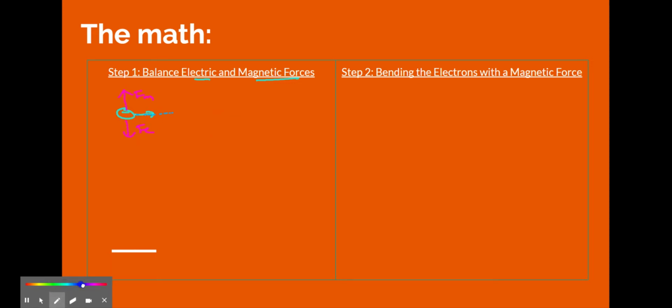So once he saw that, he knew he had those forces balanced. So now he can say mathematically that the magnetic force is equal to the electric force. Now, we're not too worried about direction. We just know that they are equal and opposite to each other.